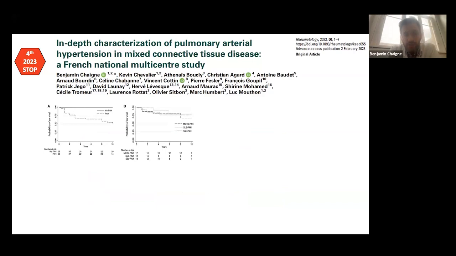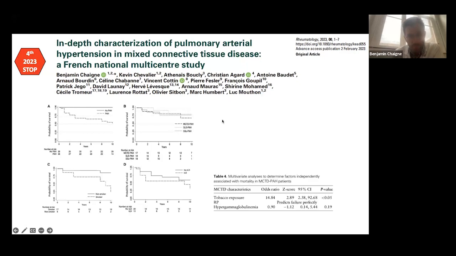Looking at patient survival, we confirmed what was known in the literature: patients with MCTD who have PH have a worse survival than patients with MCTD without PH. So PH is clearly one of the complications we should look for in our patients. When we tried to differentiate MCTD PH from SLE PH and SSc PH in terms of survival, we didn't find any difference.